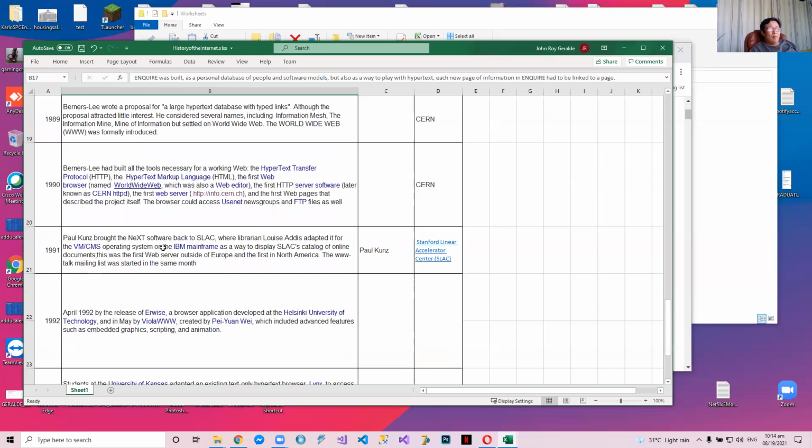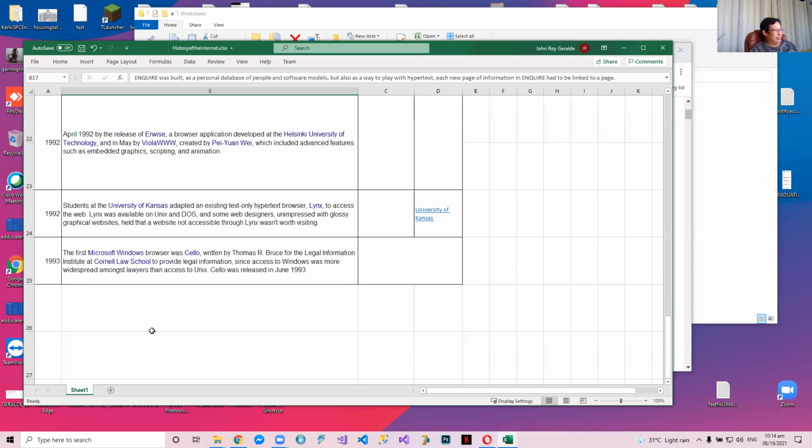Now, the web during that time is text-based. Do you follow? But by 1992, Airwise, this is a project. It's a browser application. So Airwise most probably is considered to be the first browser, developed at Helsinki University, which included advanced features such as embedded graphics, scripting, and animation.